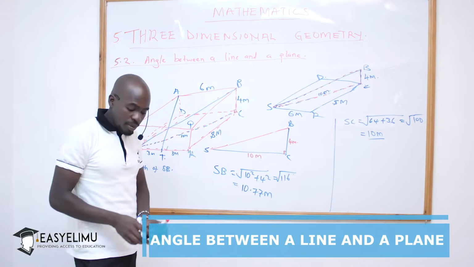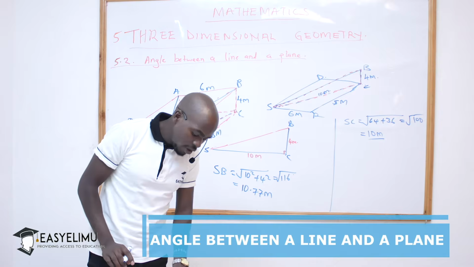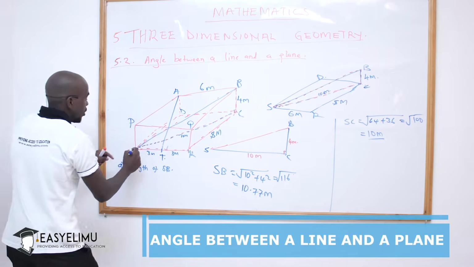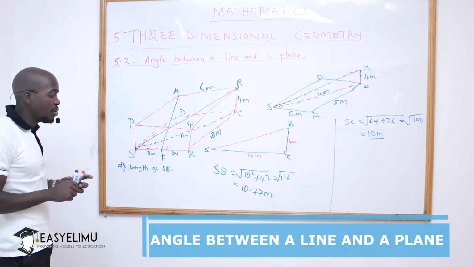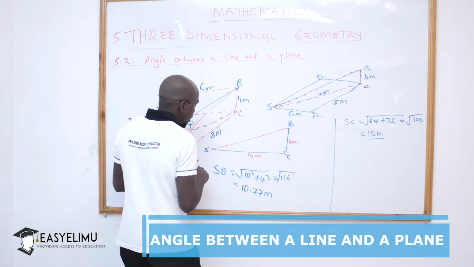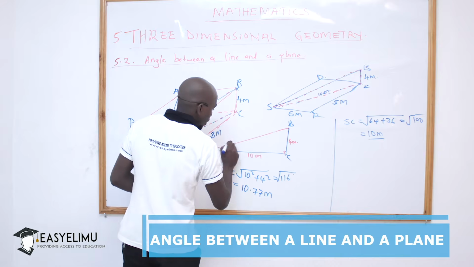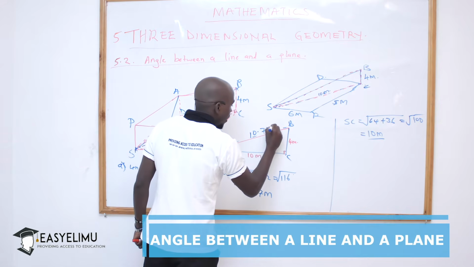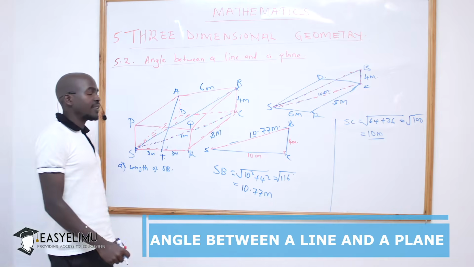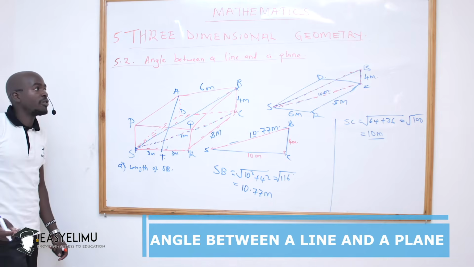So we can comfortably say that the length of SB from this point to here, we are getting it to be 10.77 meters. And that is how we can use the relationship of edges.